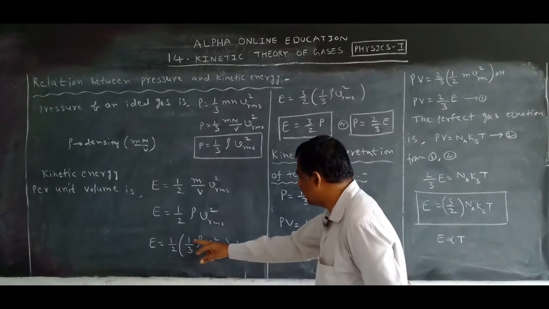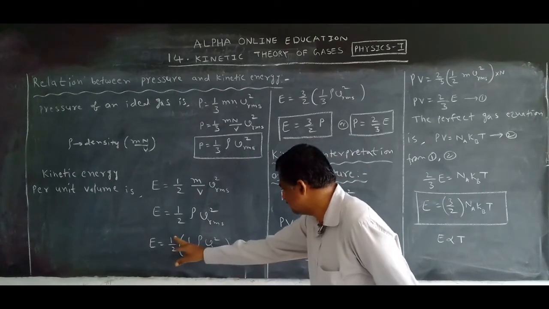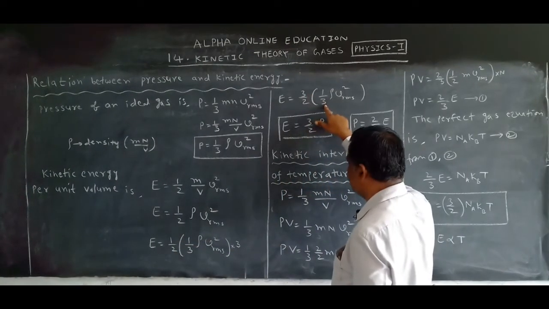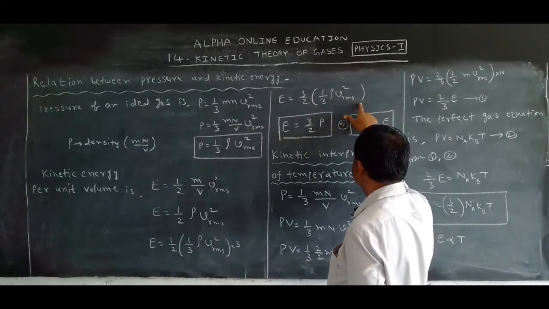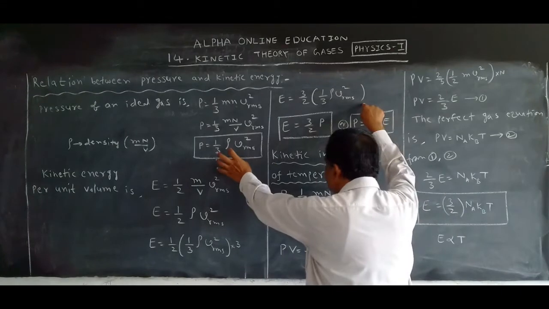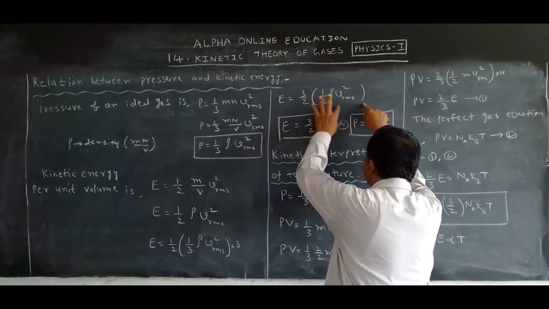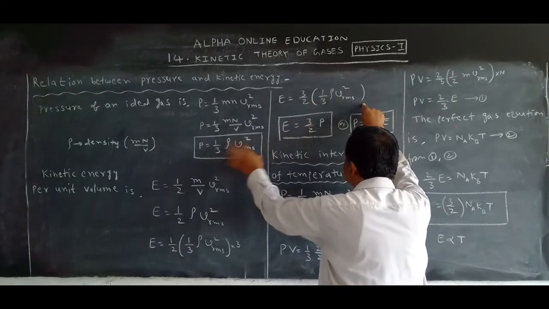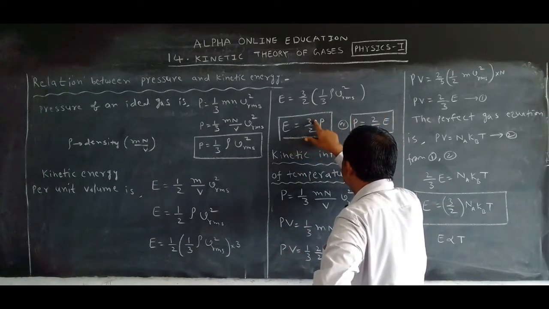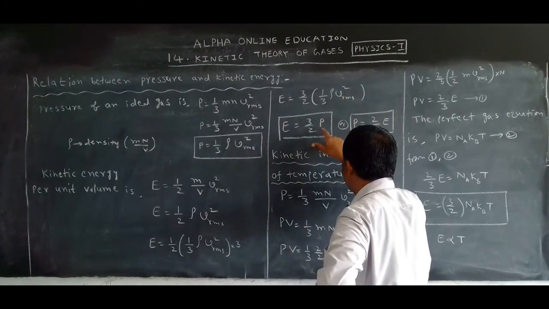The 3 and 1 by 2 become 3 by 2, times 1 by 3 rho V RMS square. And 1 by 3 rho V RMS square is how much? P. So what we get is E is equal to 3 by 2 P.